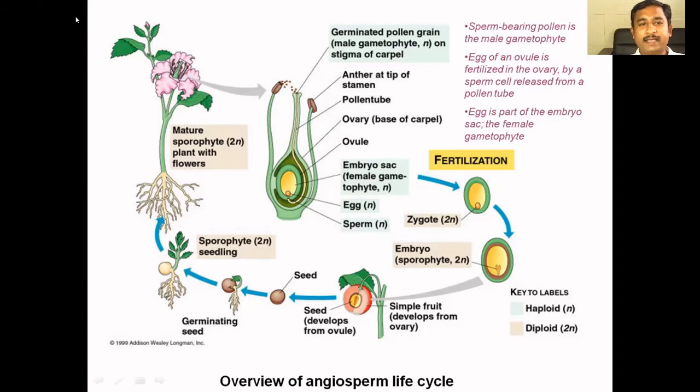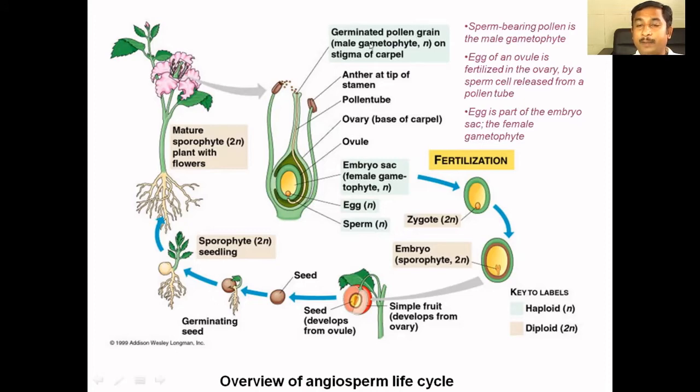Just need to remember that, it is important here. For example, if you look here, these are the roots and these are the flowers. If you take only the flower of the plant, this is the female part, and these are the anthers, called the male part here. When an anther sac ruptures, there are pollen grains, germinated pollen grains.